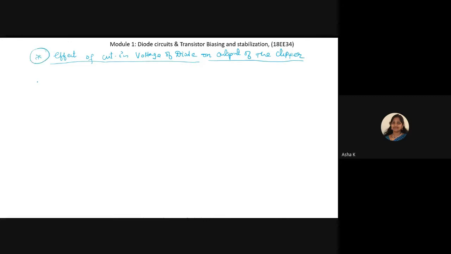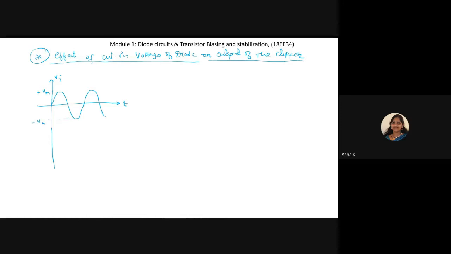For the series negative clipper circuit, first I'll try to explain with the waveform. I have an input output waveform. The input waveform is like this, a sinusoidal input voltage with peak voltage Vm to minus Vm.